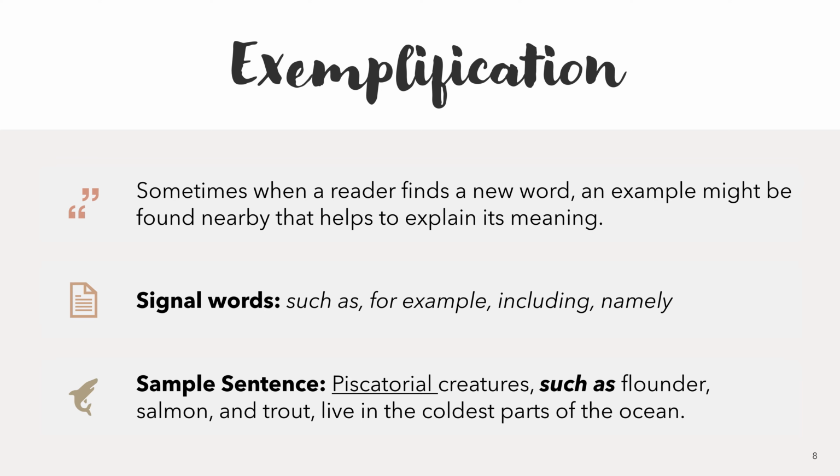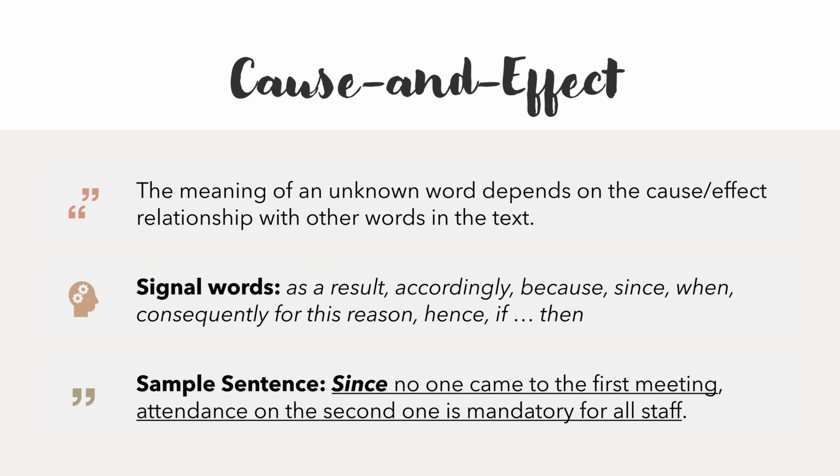Cause and effect. The meaning of an unknown word depends on the cause and effect relationship with other words in the text. These are the signal words. As a result, accordingly, because, since, when, consequently, for this reason, hence, if, and then.